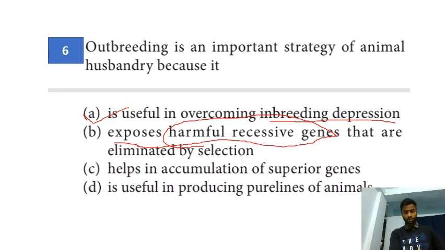C, helps in accumulation of superior genes. This is also correct. Is it useful in producing pure line animals? No. But the accurate answer is useful in overcoming inbreeding depression. It is also correct, but the accurate one is inbreeding depression.